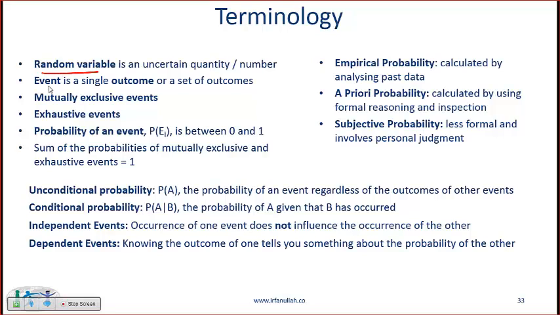So these are the basic terms which are fairly obvious. Very often you hear the term that these events are exclusive and exhaustive. Mutually exclusive and exhaustive means that the various events cannot happen at the same time. So if you flip a coin, then heads and tails are mutually exclusive in the sense that you can't have heads and tails at the same time.